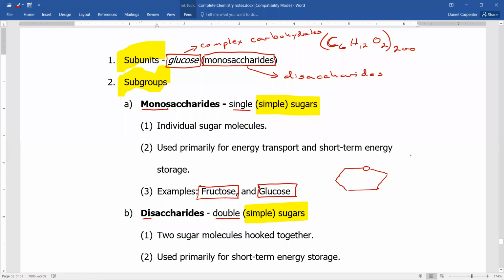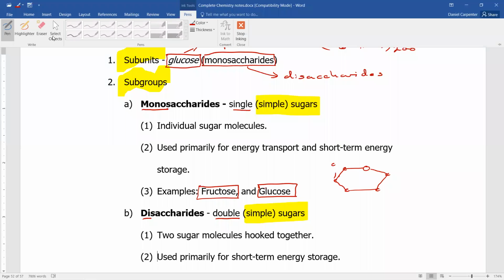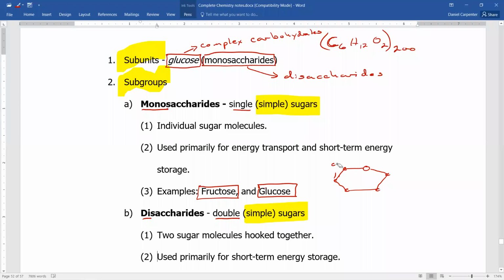Super simplified, because there were 6 C's. There's only 5 C's represented here. Where's the 6th C? It was actually up here, but we don't show it. And all of these O's, we're only showing one O. So this is super simplified. You don't have to understand anything except that it's super simplified.